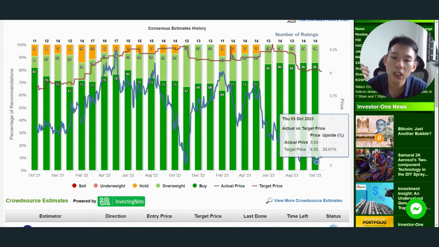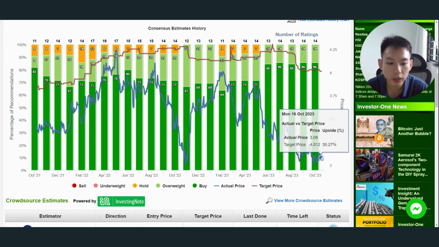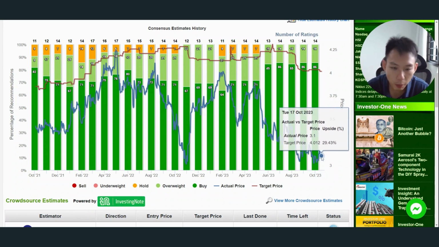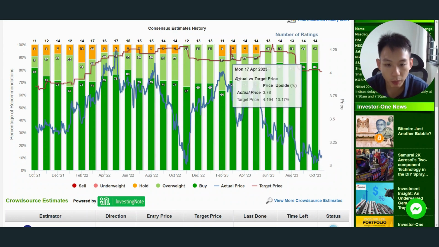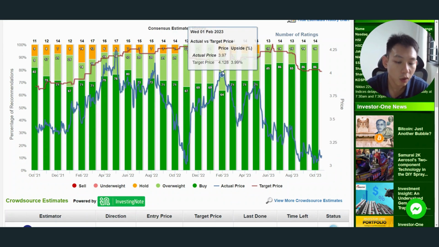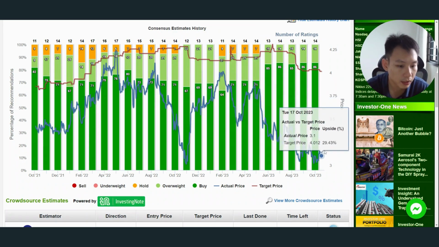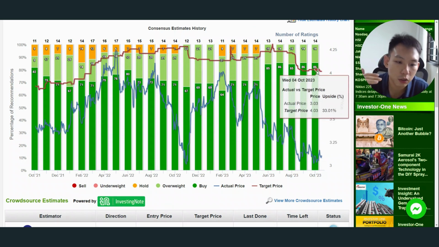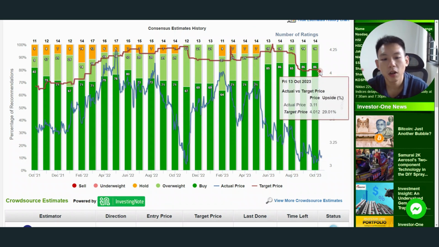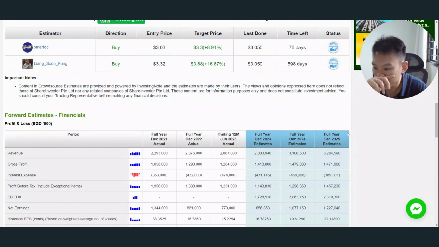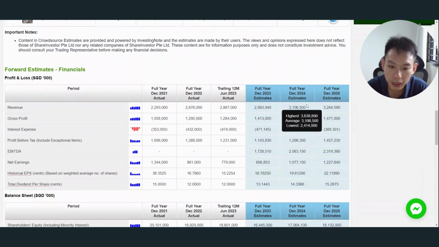So this is showing that even though the share price has come down by quite a bit from around $4 to $3 plus, the analysts are still keeping, with just minor adjustment downwards for, the analyst target price.